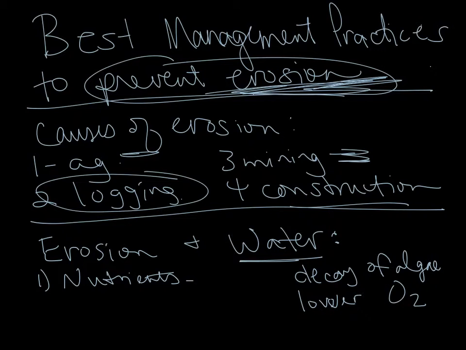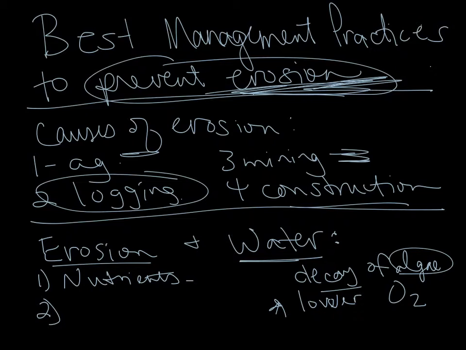So even though algae is going to produce oxygen that's going to go into the atmosphere, when it decays, it's also going to use up all of the oxygen in that water in the decay process. So then you get that stinky water, and then it's no good for fish or any other plants or animals. So excess nutrients can cause what we call an algal bloom or algae blooms.